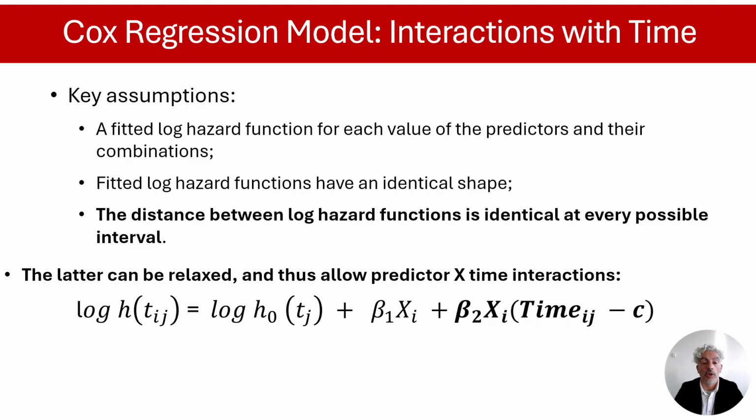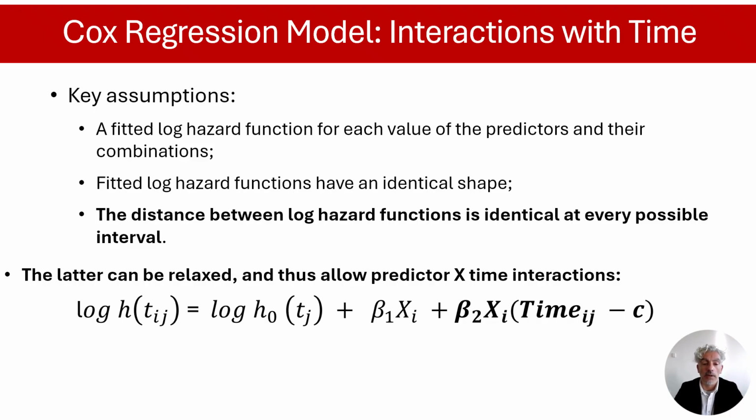But to this initial equation, we can add another term that represents a beta 2 coefficient of the product of the value of predictor x and time. So this basically represents the interaction between the values of the predictor and time. Note also that in this notation I added a constant c which is subtracted from time.